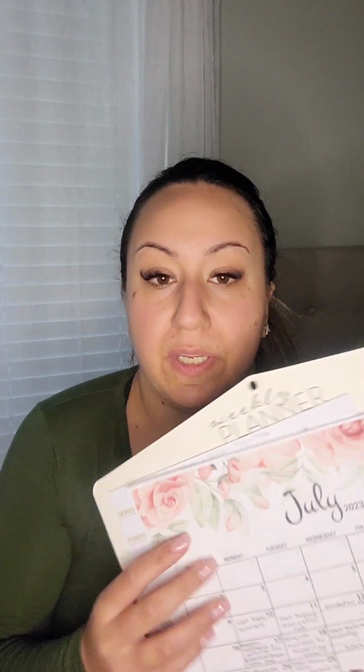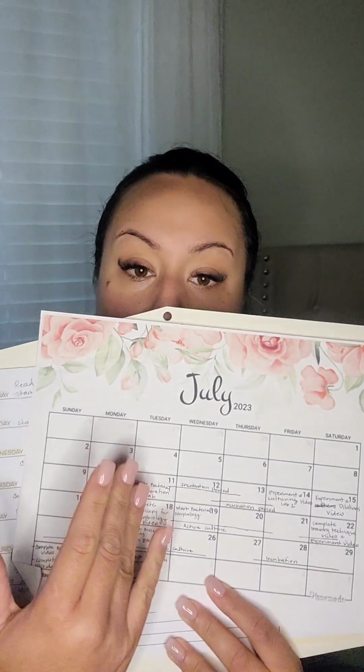I did submit a picture online of my calendars. I actually have two. So here is my monthly calendar for July. I did write all of the due dates, incubation periods, when you need to get started, when to make a video of your experiment, another one of the results, and just keep you on track.